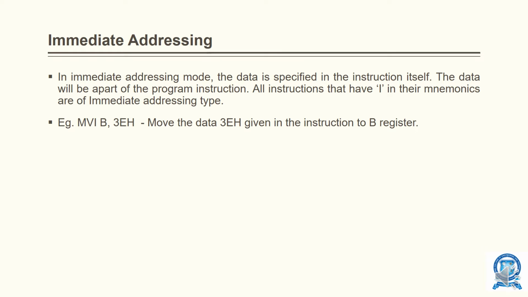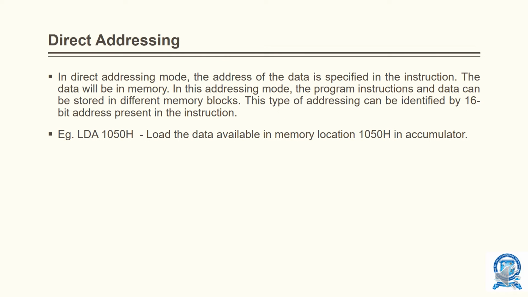Switching to the next: direct addressing. In direct addressing mode, the address of the data is specified in the instruction itself. The data will be in memory. In this addressing mode, the program instructions and the data can be stored in different memory blocks. This type of addressing can be identified by the 16-bit address present in the instruction.